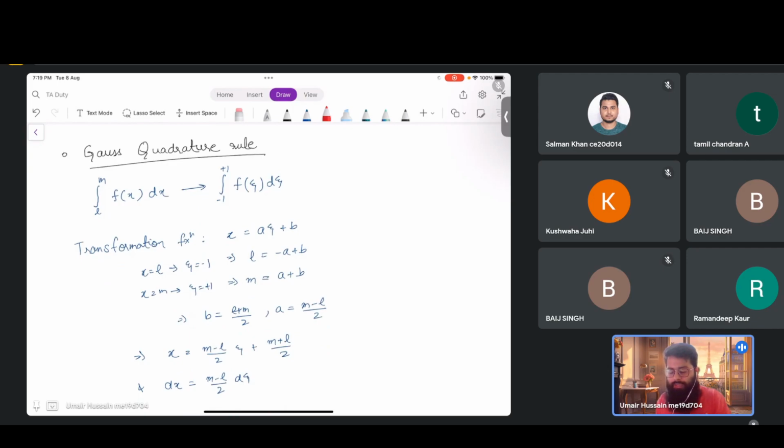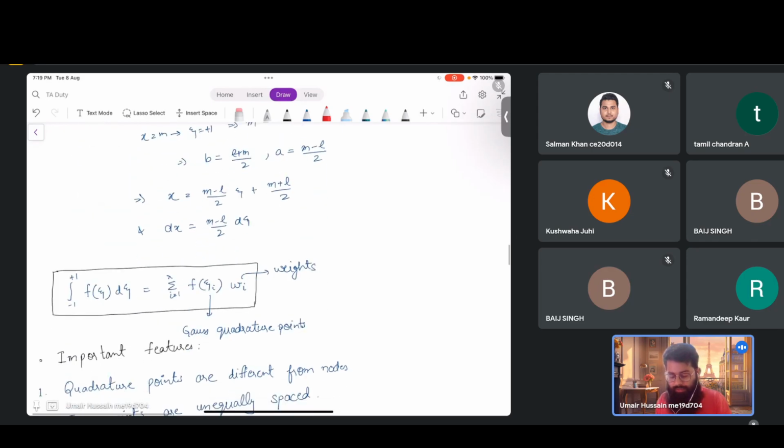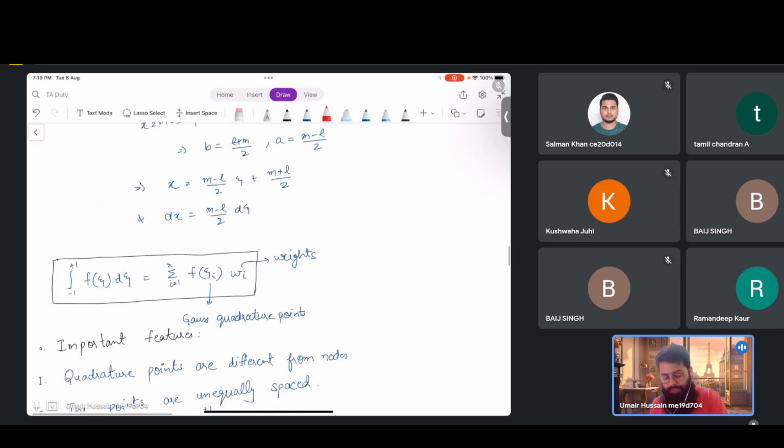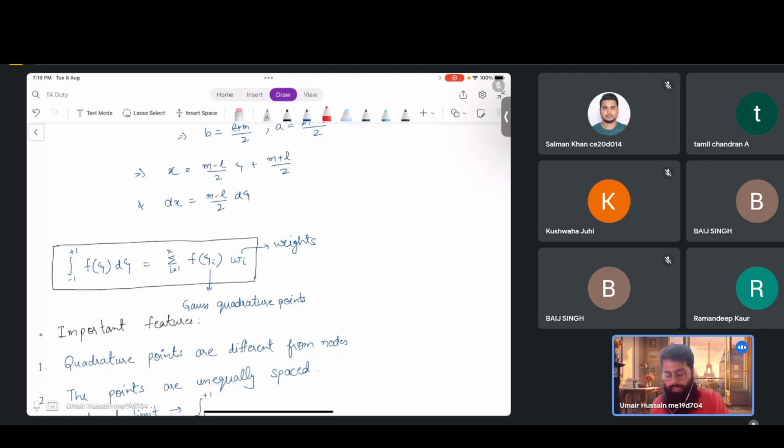To solve any given integral, we transform it to the integration limit of the Gauss quadrature rule, and then there's a simple formula. There are Gauss quadrature points defined, which are derived Gauss points and their corresponding weights. If we use this formula directly, we can solve any integration.